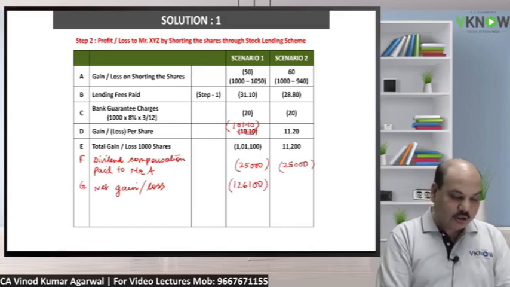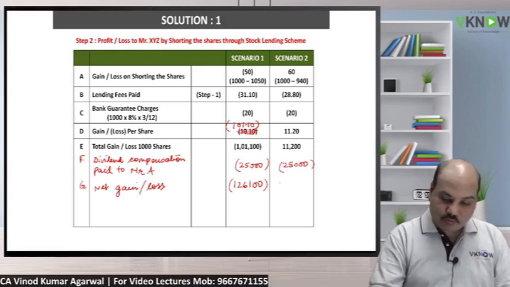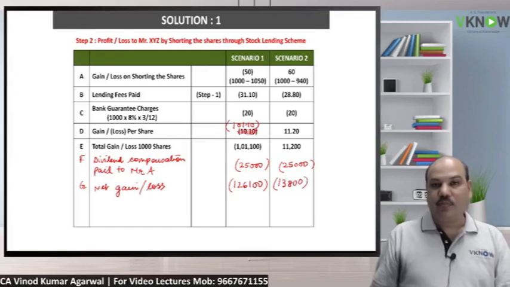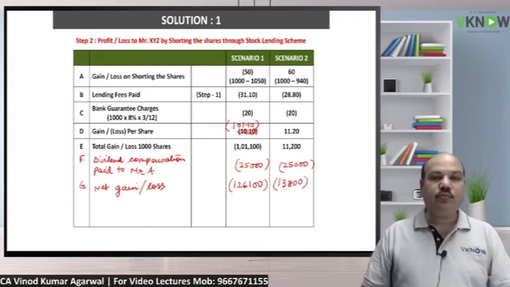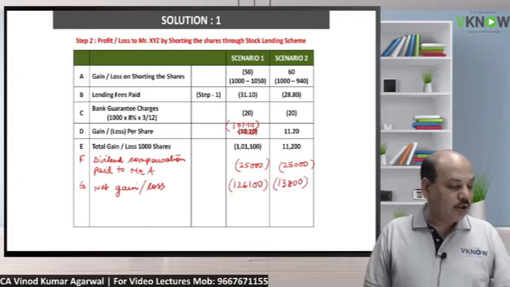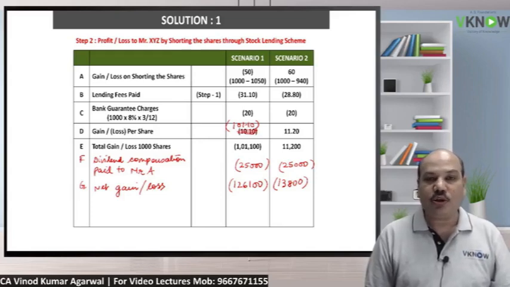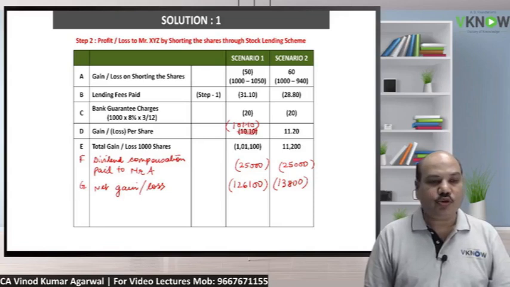And in second case, the total loss will be 13,800. So this was a very important question on short selling, and it is applicable for all the exams to come. I hope you enjoyed. Thank you very much.